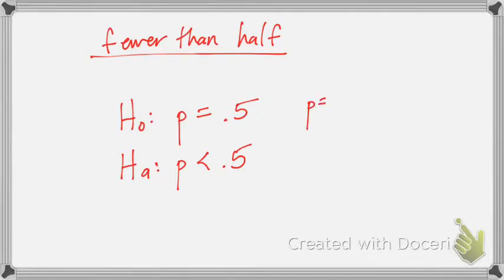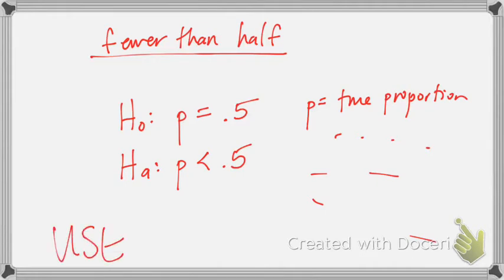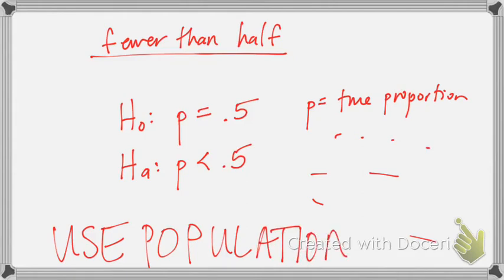And P represents the true proportion of people that can name a justice. You have to write it out. Make sure on these, when you're reading them, there's going to be two numbers given to you, but you only use the population one. So use the population number, not the sample.